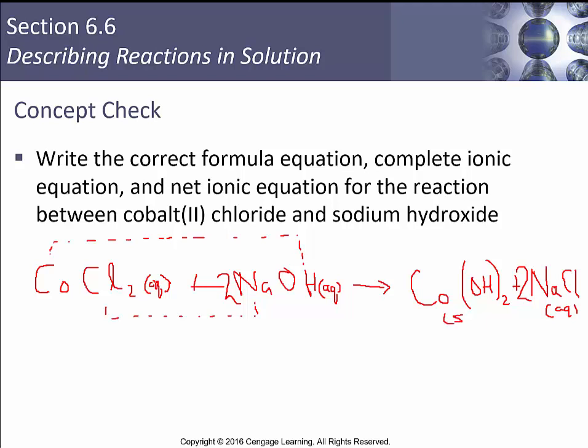All right, so writing this out, we're going to break these guys into their component ions at each step, or we'll leave it as a solid if we need to.